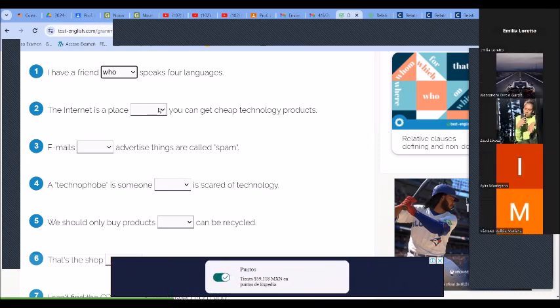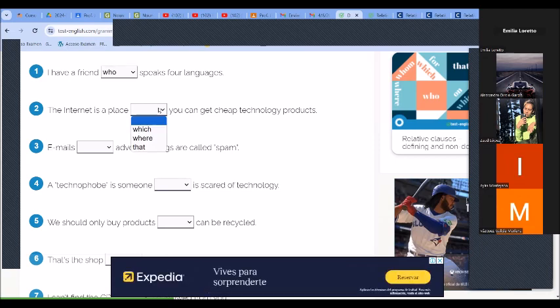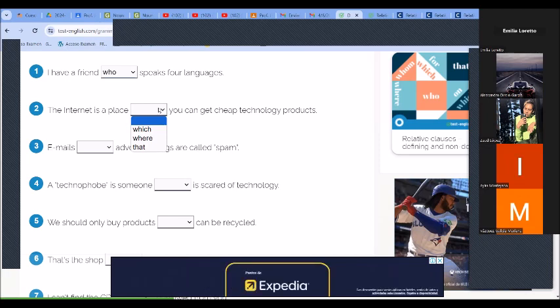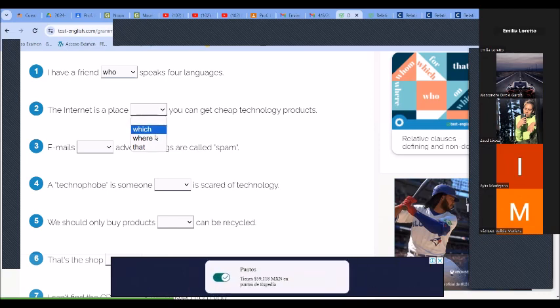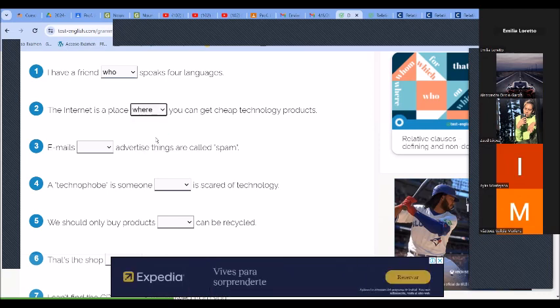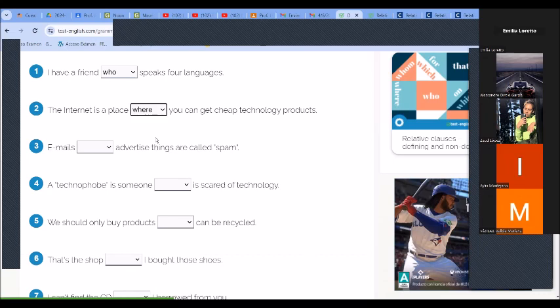Emilia, number 2. The internet is a place where you can get cheap technology products.